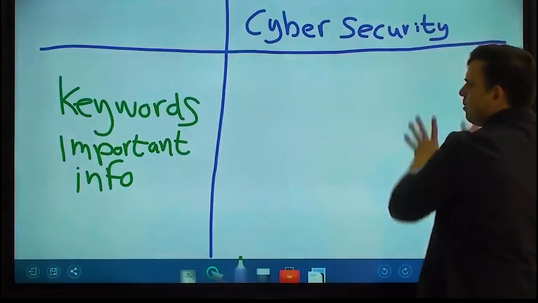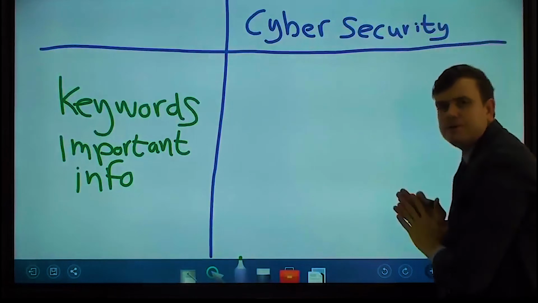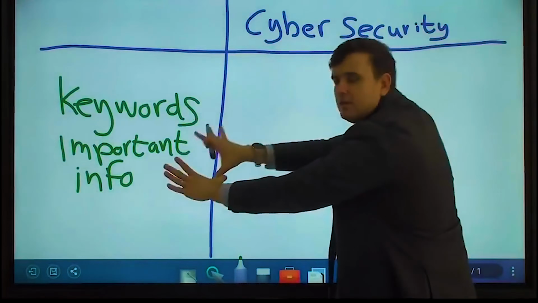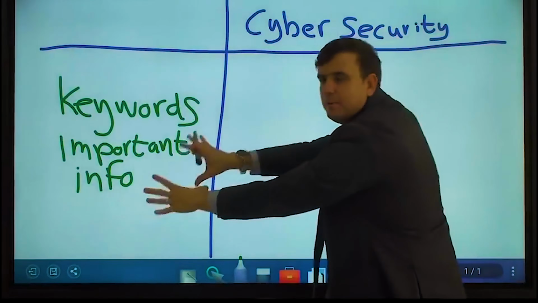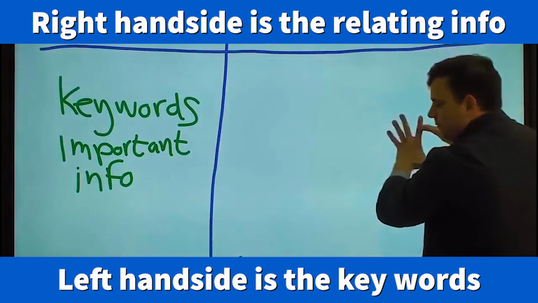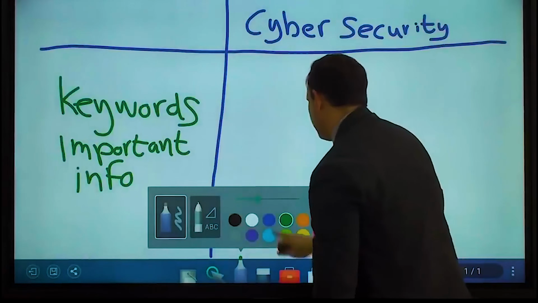What happens then to this big open space on the right, you're probably asking? Well, this is going to be the relating information to the keywords or important information. This is where you're going to go into more detail, right? So let's have a look.